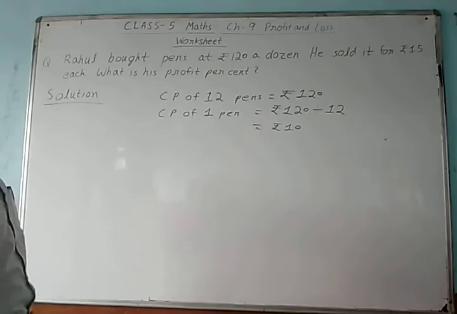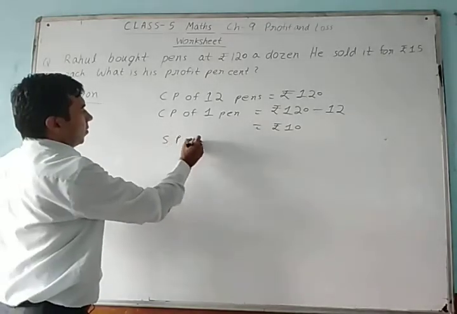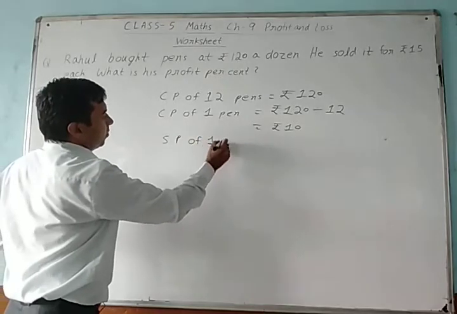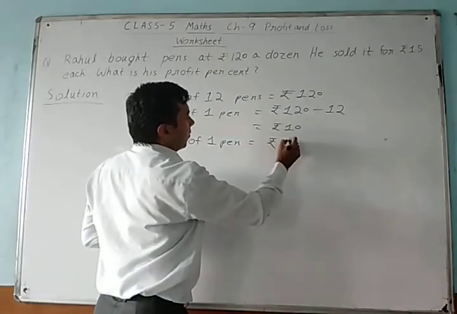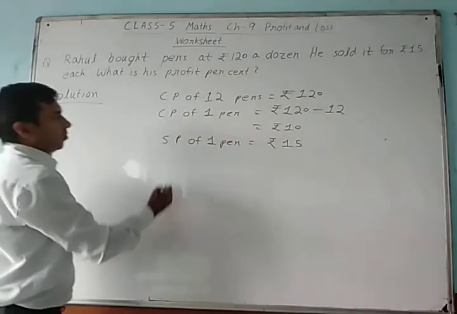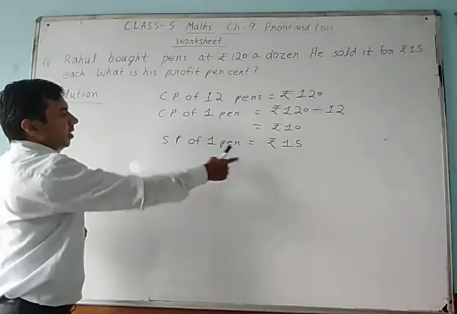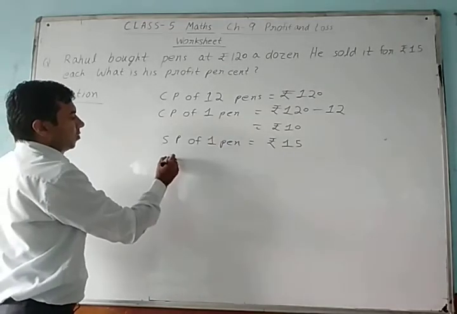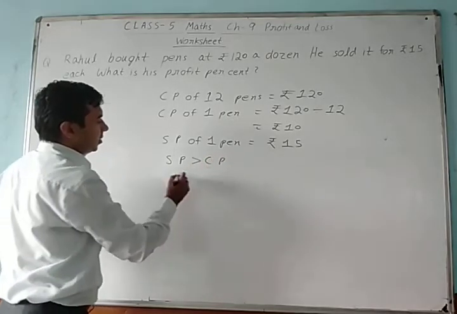Now selling price of 1 pen is equal to rupees 15. So student, see here, cost price is 10 and selling price is 15. So selling price is greater than cost price.